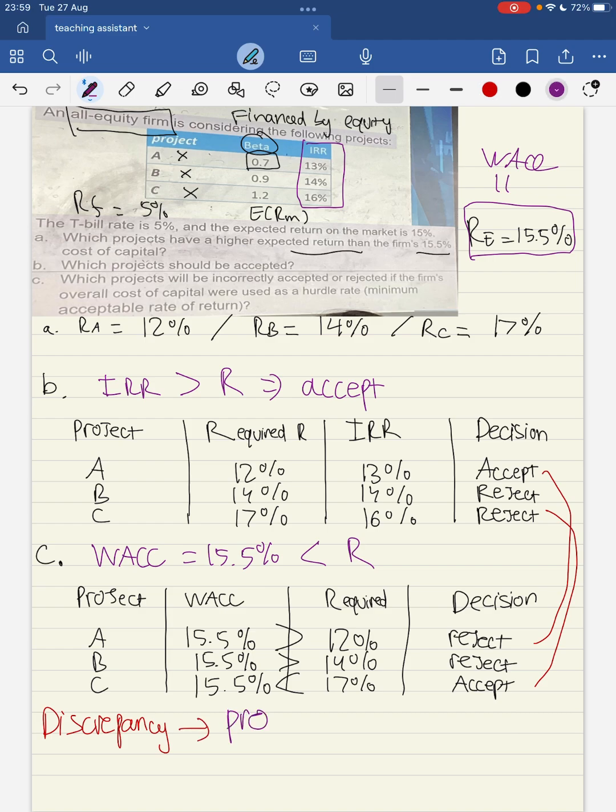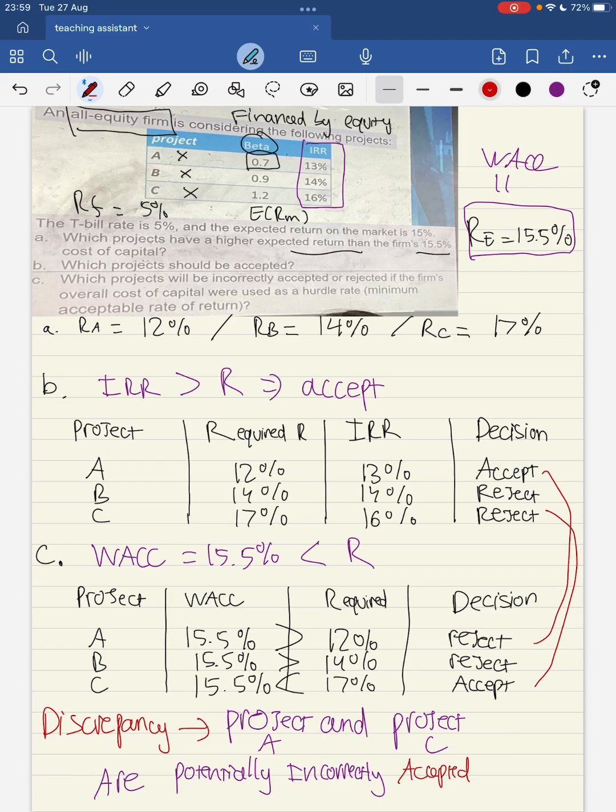Project A and project C are potentially incorrectly accepted or rejected. So this is how you do the full exercise. Please redo it and practice it more and more in order to fully understand.